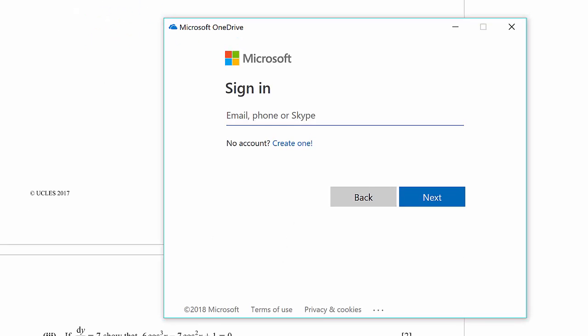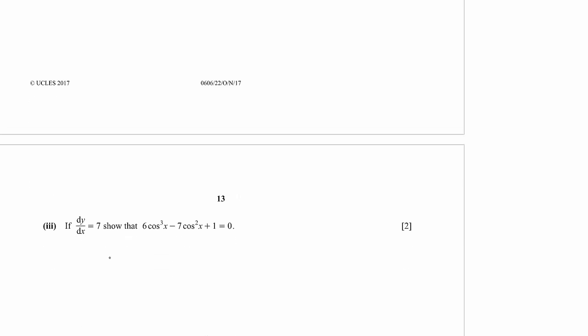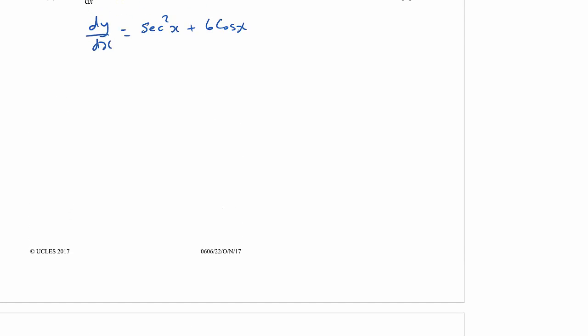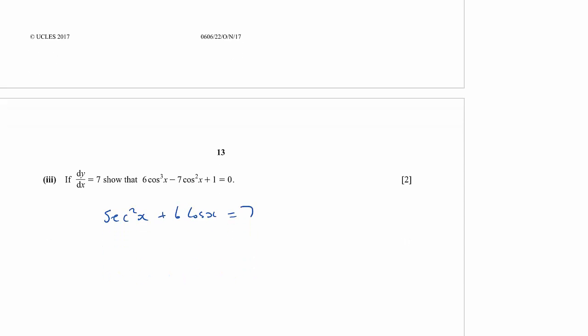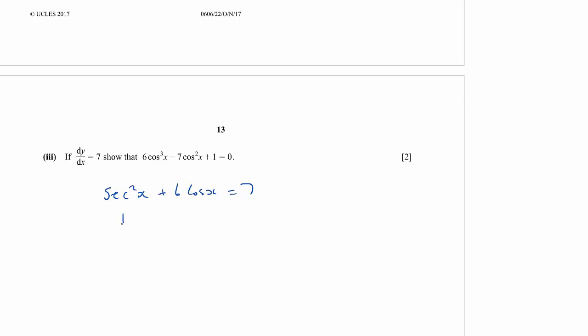So what we've got is sec squared x plus 6 cos x is equal to 7. So remember, this one is 1 over cos squared x plus 6 cos x equals 7.